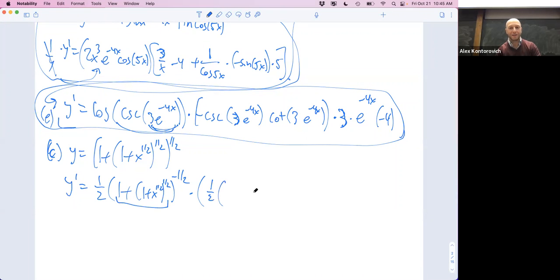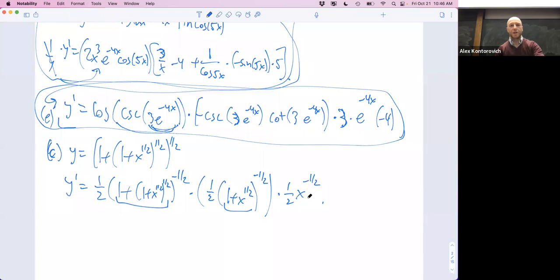That's a half times this inside thing to the minus a half. The inside thing is 1 plus x to the 1/2. This is just a matter of bookkeeping. Can you keep straight all the different pieces? Now I have to differentiate this. The derivative of this is 1/2 x to the minus a half. And again, do not simplify expressions like this. There's nothing you can do with this to make it nicer.